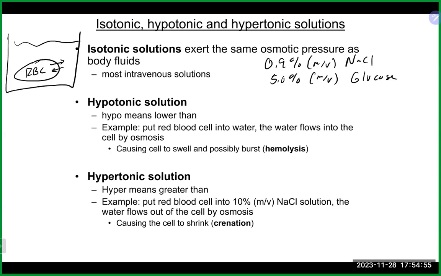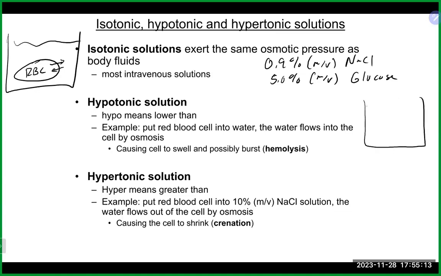Now, that's not always the case. If you have a hypotonic solution, hypo means less than. So you basically put something into a solution that is less than 0.9% sodium chloride or less than 5% glucose, you'll have a hypotonic solution.